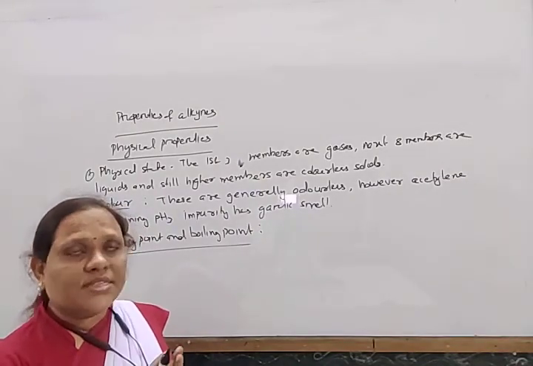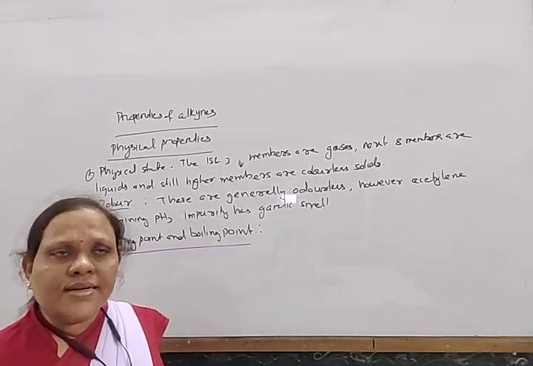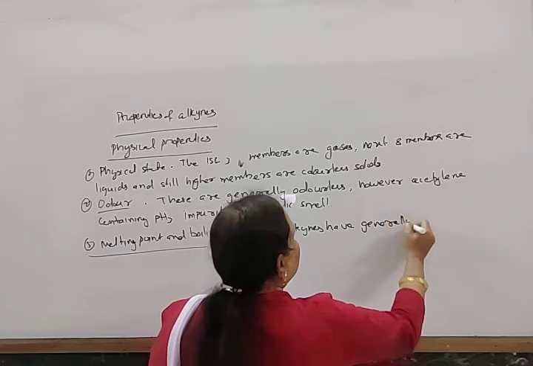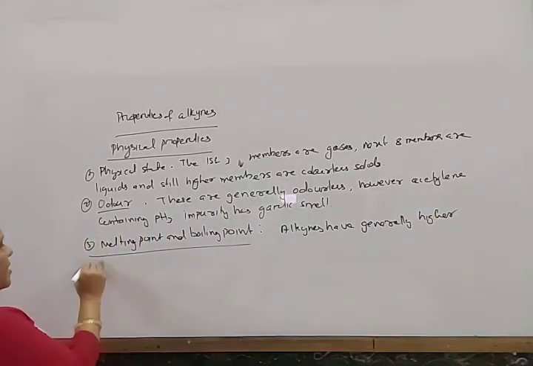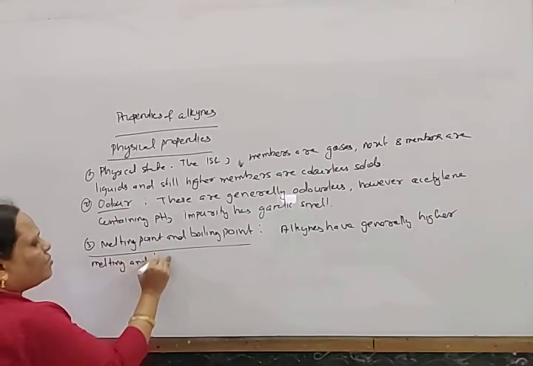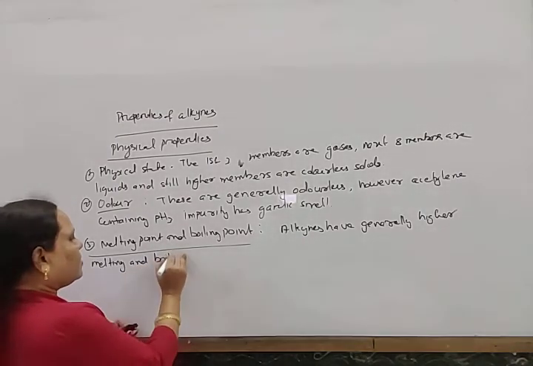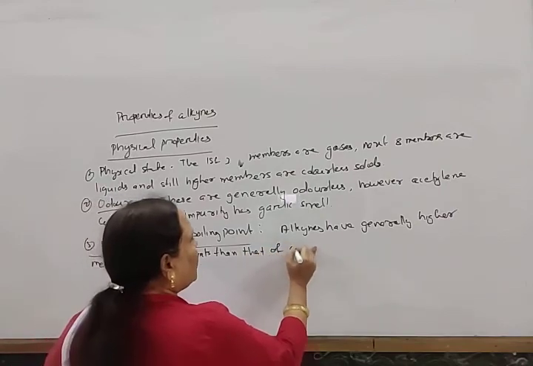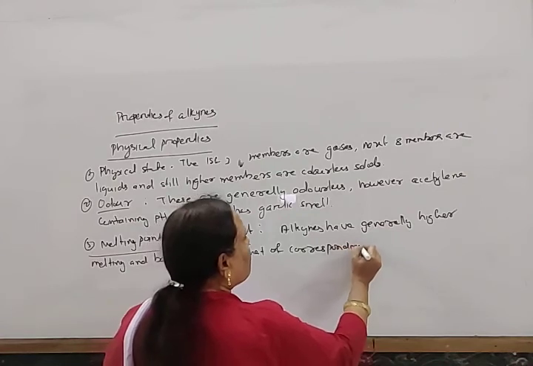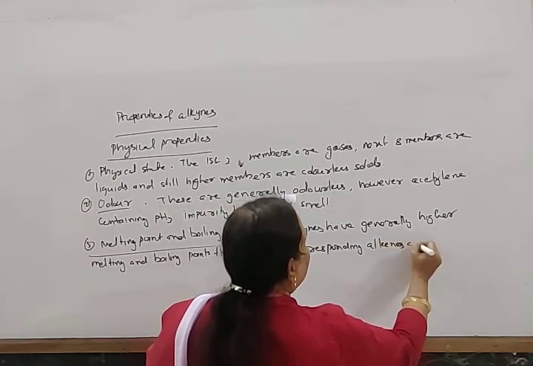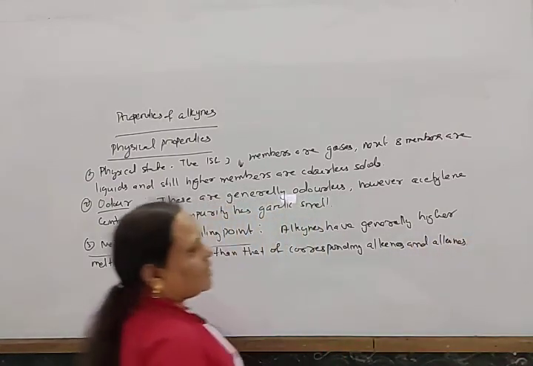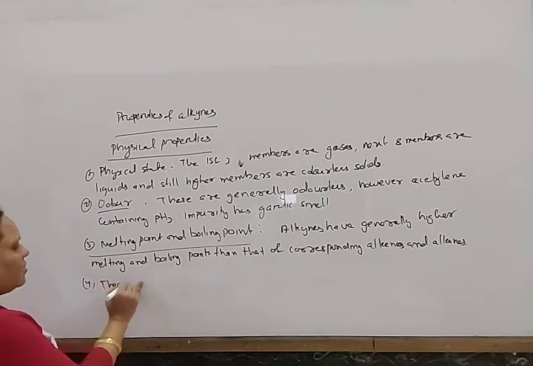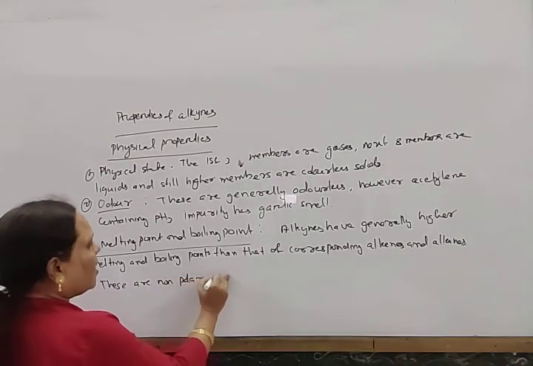That means compared with the same number of carbon atoms, alkynes have generally higher melting and boiling points than alkenes and alkanes. These are non-polar in nature.